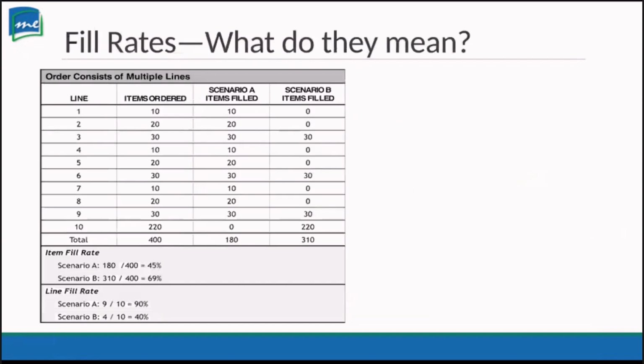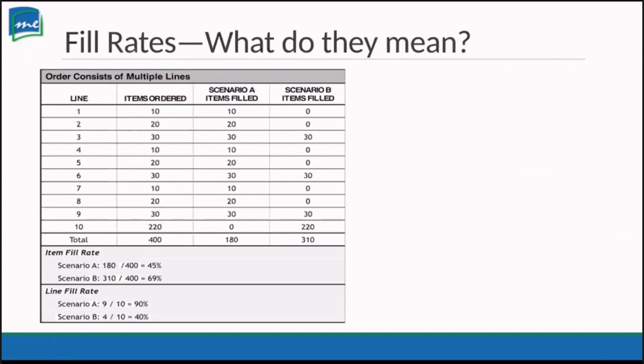The second metric I'd like to introduce is the fill rate. This is your rate of filling orders. We have two types of fill rates, the item and the line, so it depends on which one you choose. Consider these two scenarios. In scenario A, we have 10 lines for each of A and B, and you will have an idea about the orders.